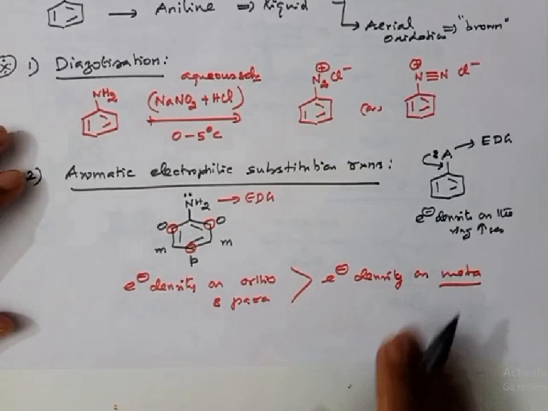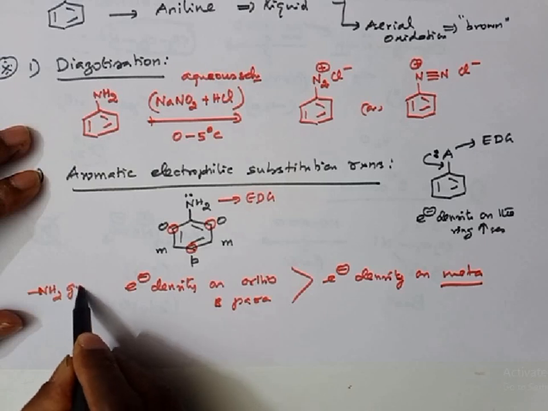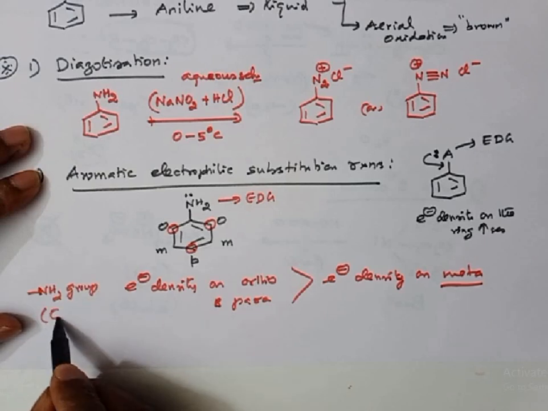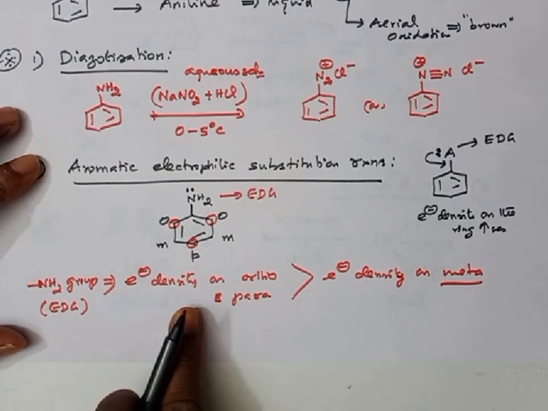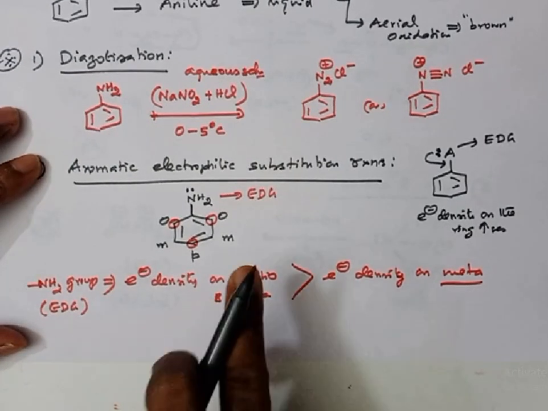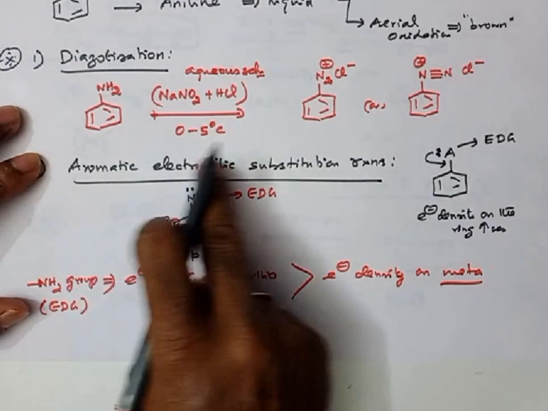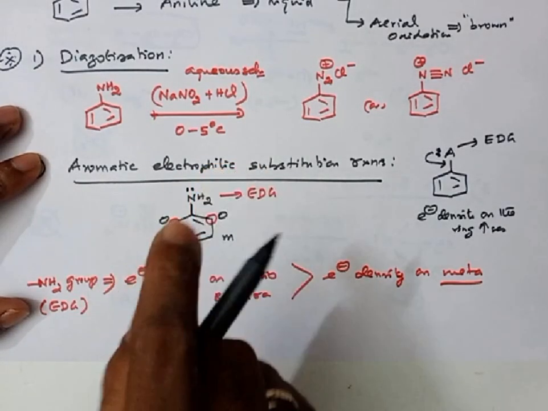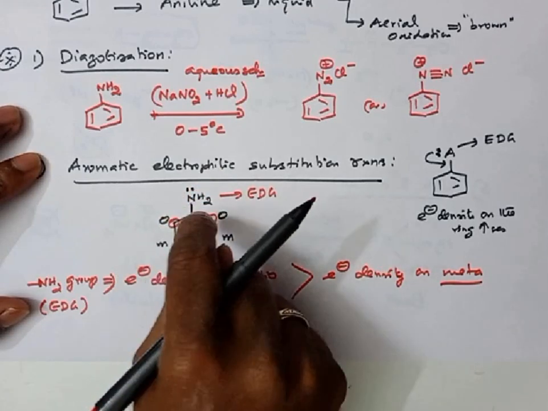Why? Because NH2 group is an electron donating group. Due to this, electron density on ortho and para position is high compared to meta. And you know very well, electrophilic substitution reaction occurs at the site where electron density is high.